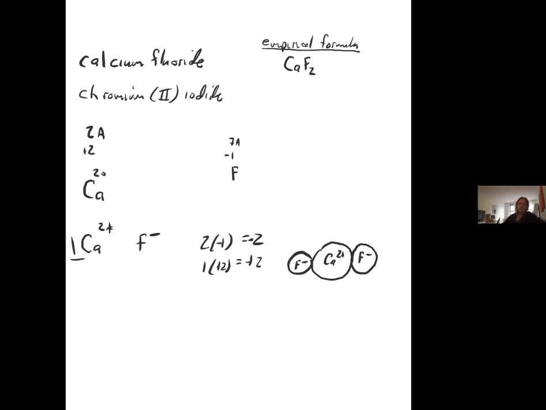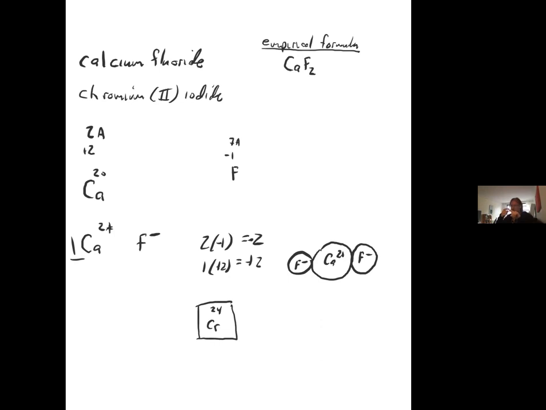Chromium. Now you see the Roman numeral, chromium 2 iodide, right? So if you got a Roman numeral, look in the middle of the periodic table. What you're going to find is that chromium is element 24, Cr. It's an interesting element. Chromium can have many different charges.